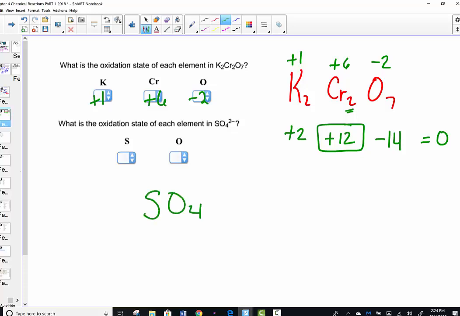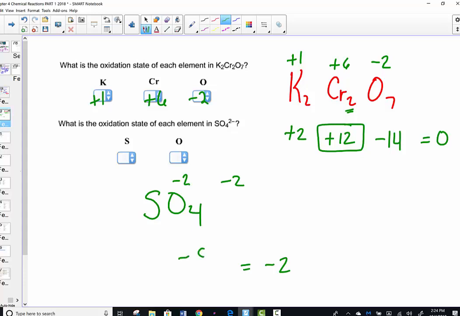This is the sulfate polyatomic ion, SO4 2-. We're being asked to write down the oxidation numbers for each of the elements. Instead of being a neutral compound, it's a polyatomic ion. So instead of adding to 0 by the time I'm done, it has to equal the charge of the polyatomic ion, -2. I know oxygen is usually a -2.